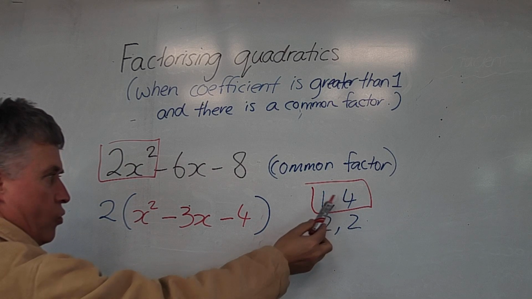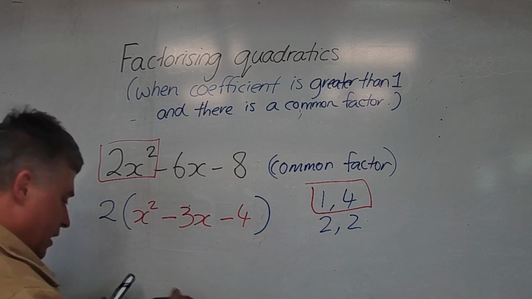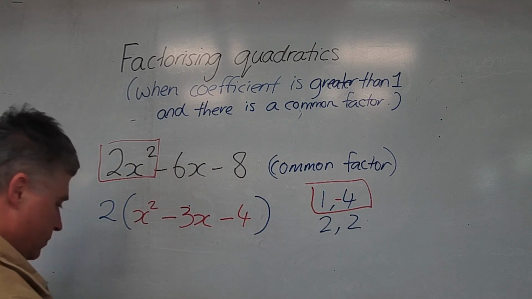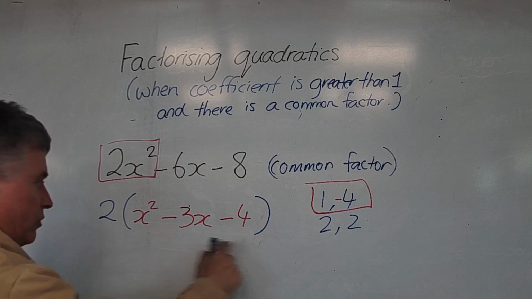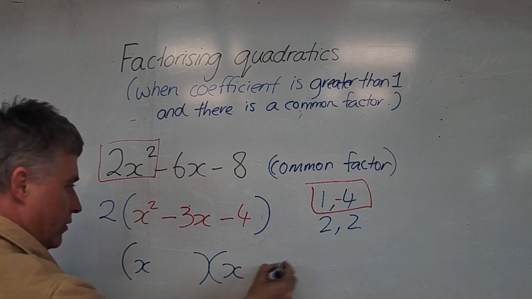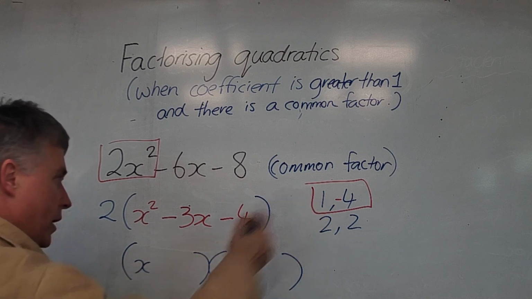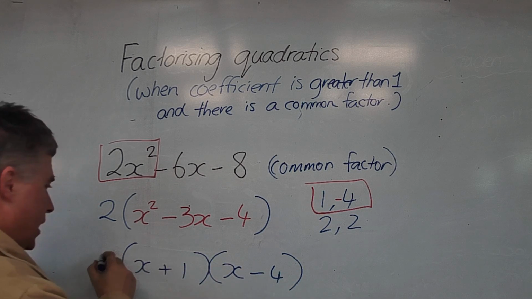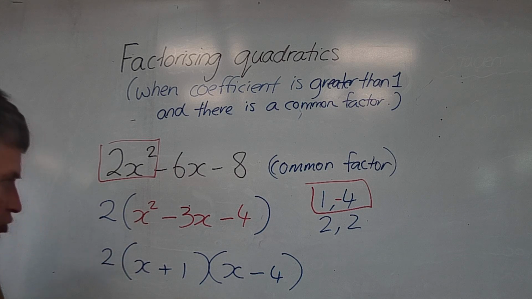Minus 4 plus 1 gives us a minus 3, so we're going to use that. So minus 4 plus 1, all right? So I'm going to factorise that, so I'm going to go x, and I'm going to chuck in my plus 1 and my minus 4, and my 2 is on the side, and that should be completed.